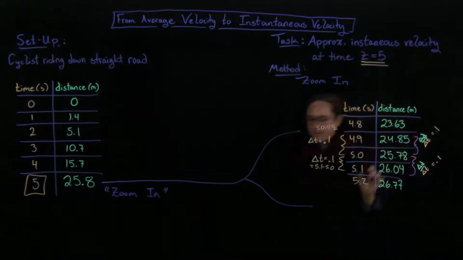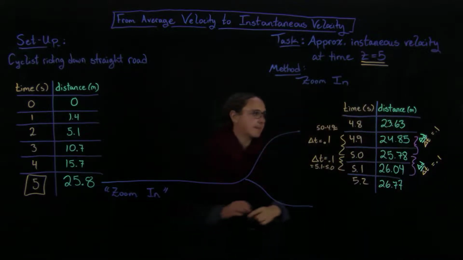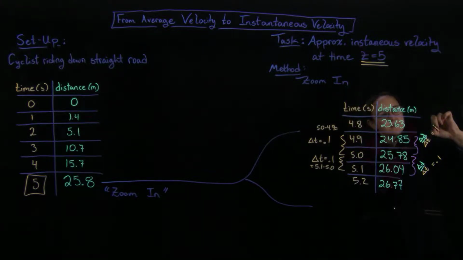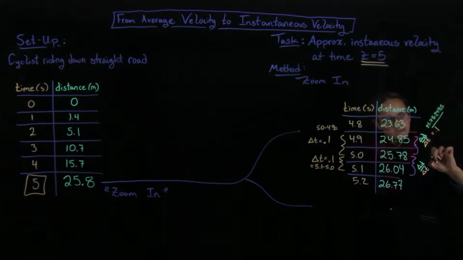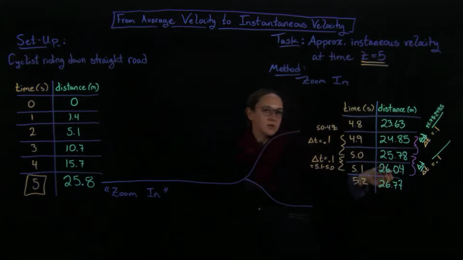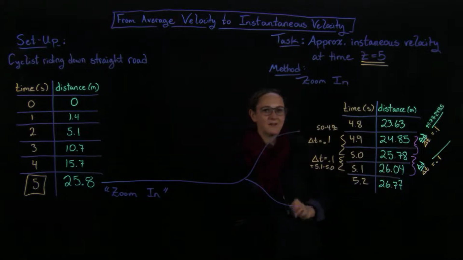And then on the top, I need to take the change in distance. So I have 25.78 minus 24.85. And here I need to take 26.04 minus 25.78.